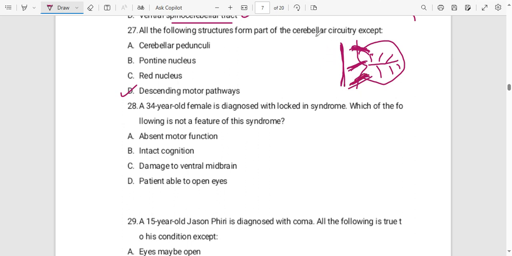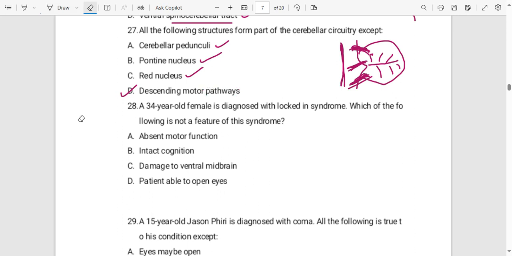So cerebellar circuitry has got these fibers coming from the brainstem going to the cerebellum. The pons and the red nucleus are in the brainstem, including the cerebellar peduncles because they are connecting to the brainstem. The descending motor pathway, no.